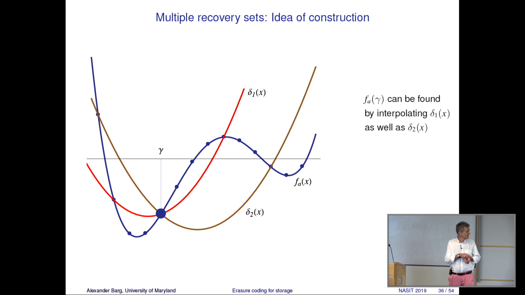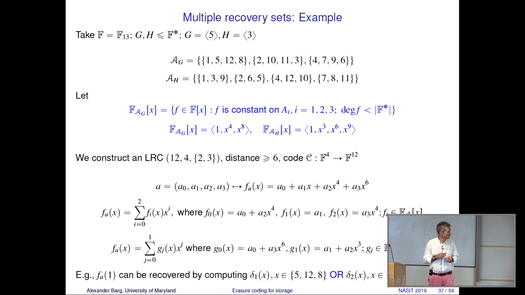All right, so going back to our interpolation, we interpolate a low-degree polynomial through this set of points and through that set of points. And those low-degree curves intersect only on the lost coordinate. And thereby, we come up with codes with availability. Is that possible? Well, yes. Once we have the idea, here is an example. I will not go through all the details, but to give you an idea. So let us say the field is of 13 elements.